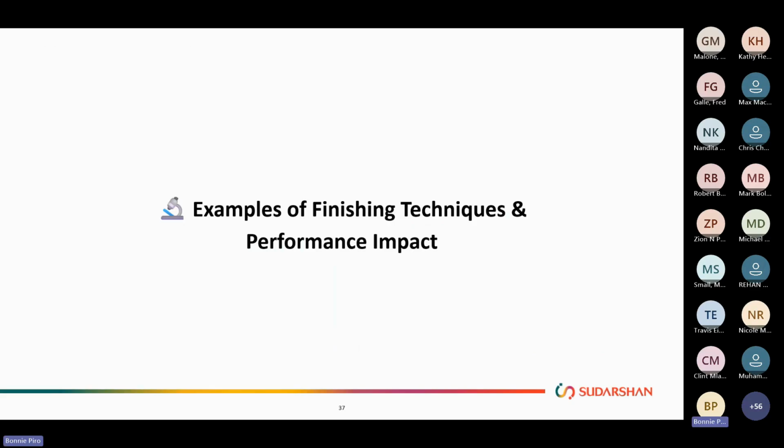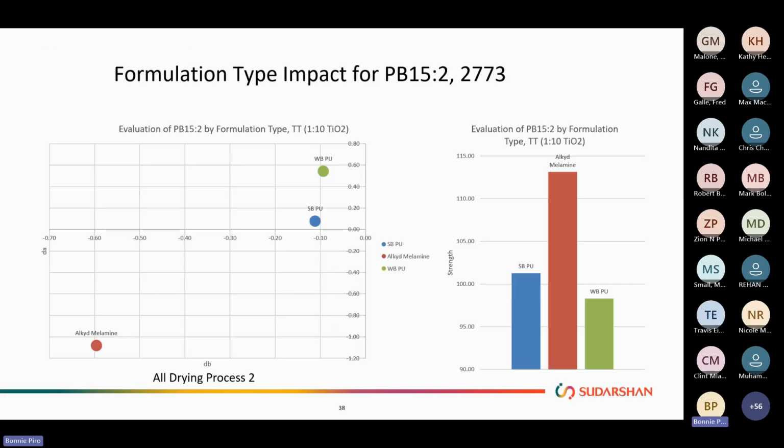So a few more examples, and then we'll wrap it up. Going back to that Pigment Blue 15:2 example, here we're looking at one pigment. All of these are done via that drying process too, but we're looking at that pigment in three different types of formulations. Two polyurethanes, one on the water side and one on the solvent side, and one industrial alkylamine type system.